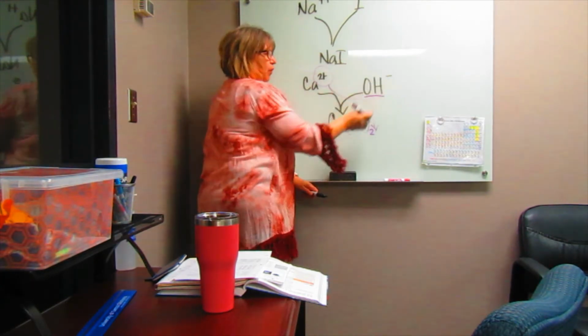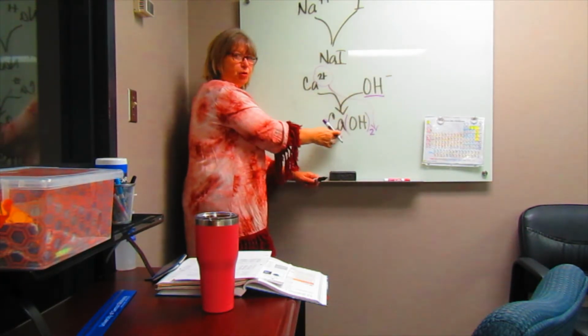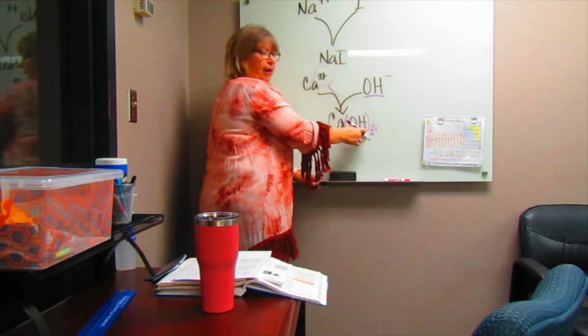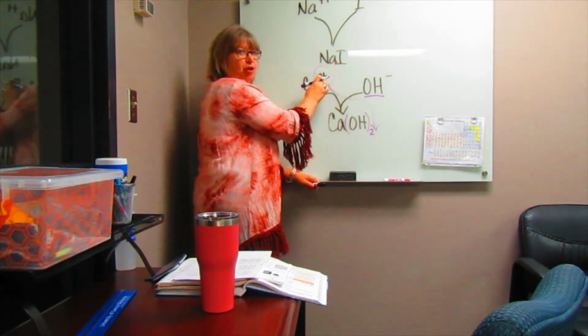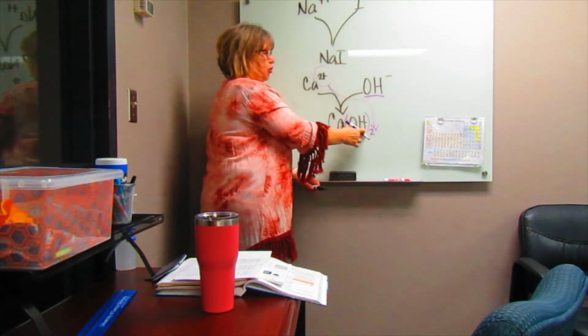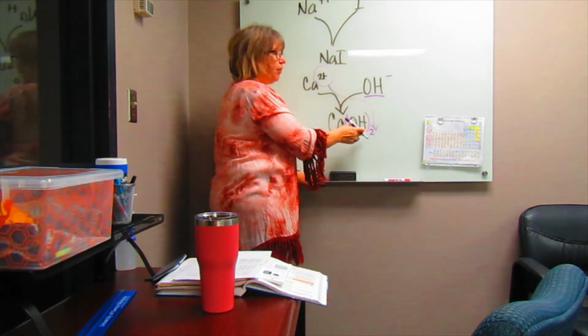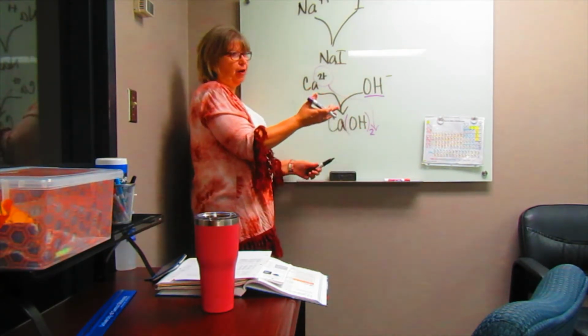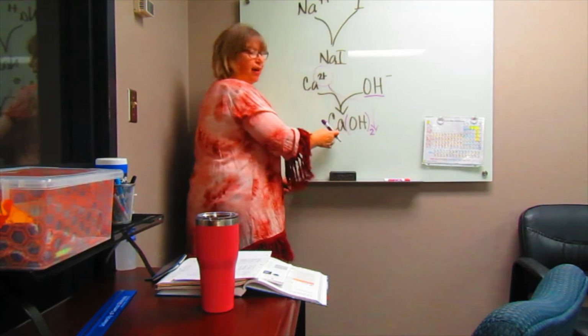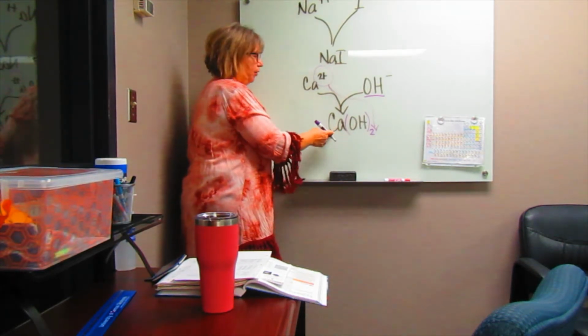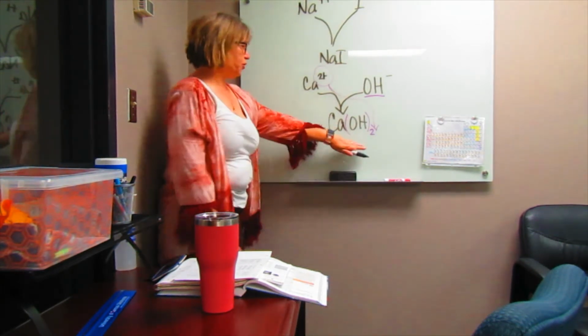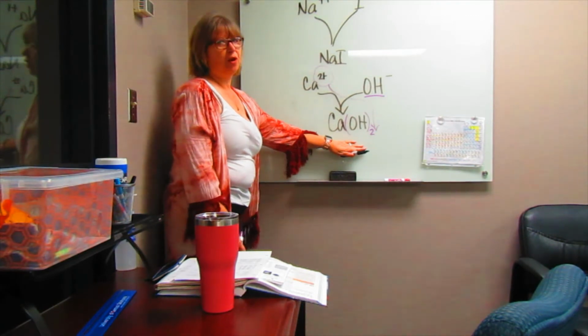Because this is a -1 charge, it has an implied subscript of 1. Our hydroxide takes on the 2+ charge, so there's 2 hydroxide ions to 1 calcium ion to balance this out and make this a neutral compound.